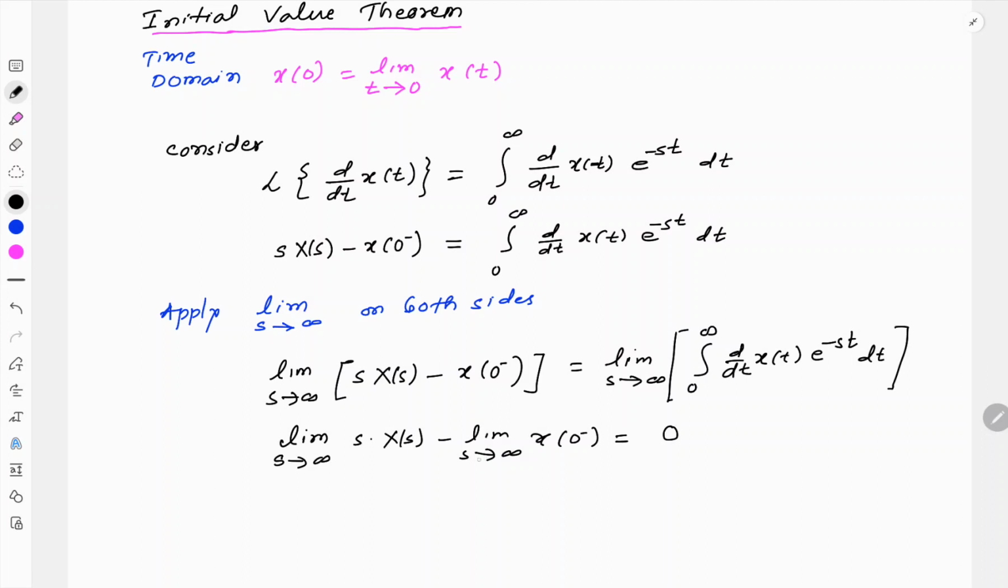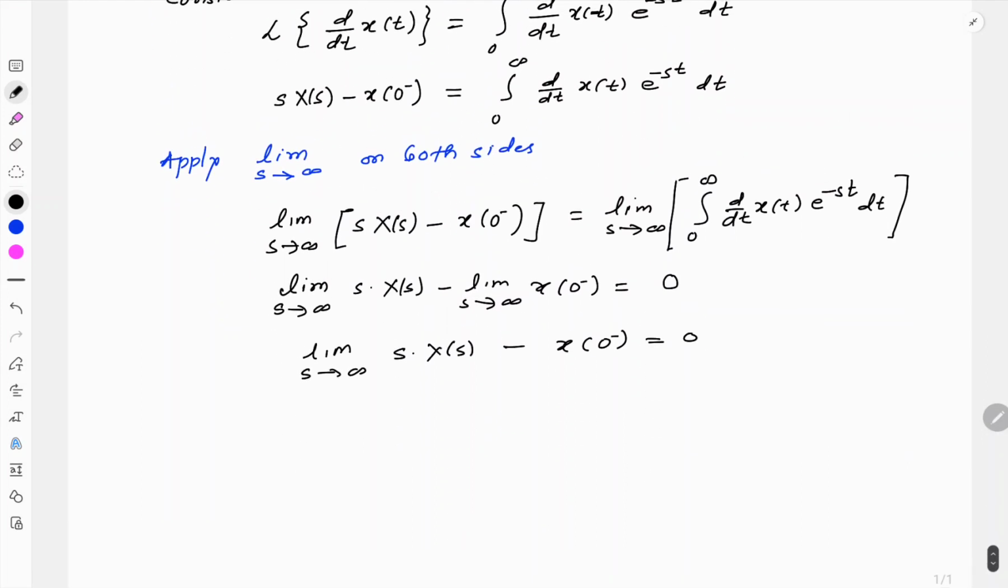Here our limit is with respect to s, and x of 0 minus is independent of s, so the limit is excluded, and we get limit s tends to infinity of s into x of s minus x of 0 minus equal to 0. Just rearrange this equation.